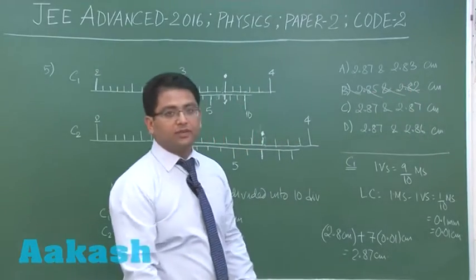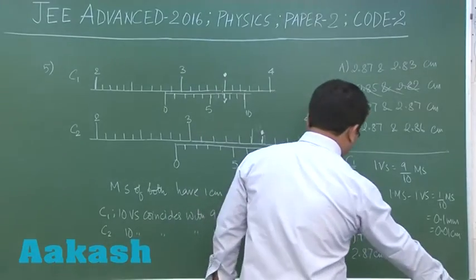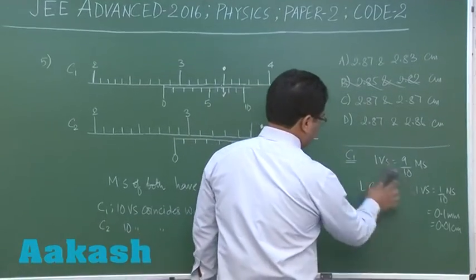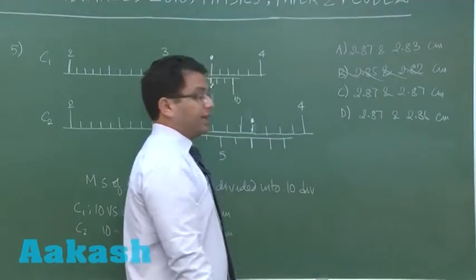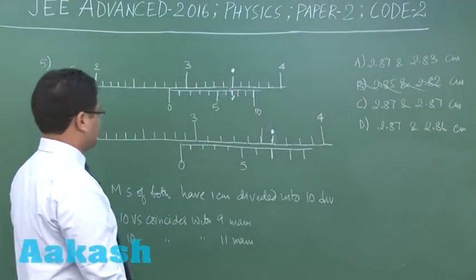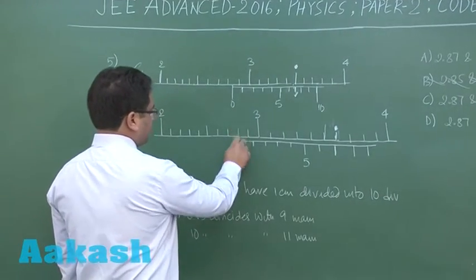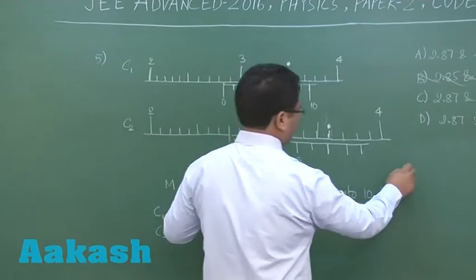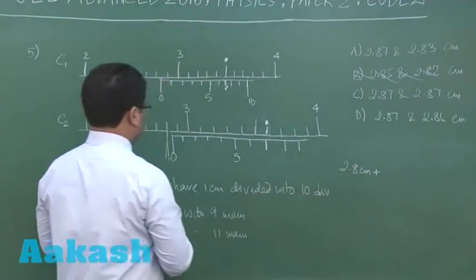Now let's try to go with the reading of C2. For the reading of C2, we need to be a bit careful. The normal formula will not be working here. So it's something like this, say. This is 6, 7, 8. Till this, it's 2.8 centimeter plus.